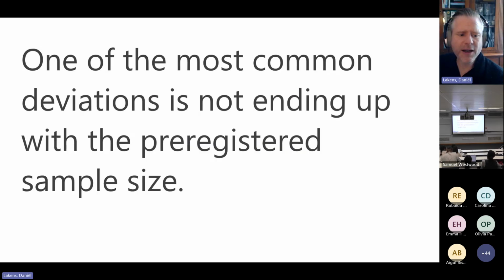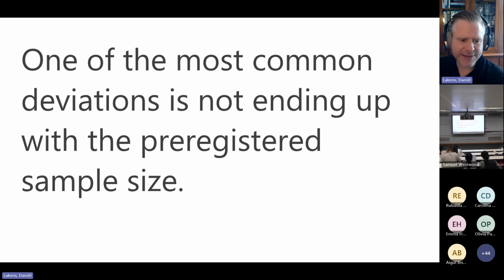One part of unforeseen circumstances is not ending up with exactly the sample size you pre-registered. Maybe I had to throw out one participant because something happened, or maybe more people did this study than I thought, since some people finish the study on the last day.